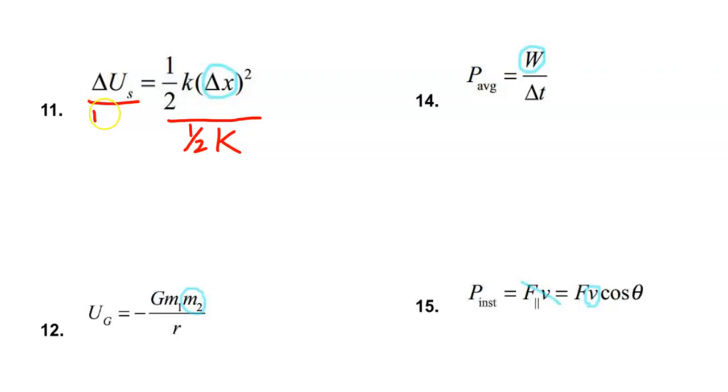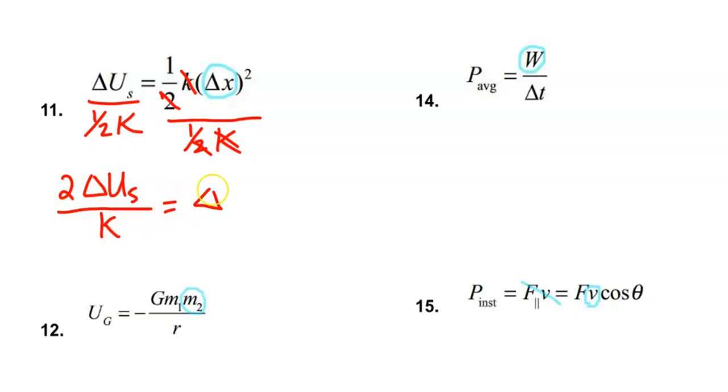And divide that by 1/2 k, and that'll cancel, so all that cancels out, and that will leave us with 2 delta U over k, because remember we're dividing by 1/2, so that's the same as multiplying by the reciprocal. And that equals delta x squared.